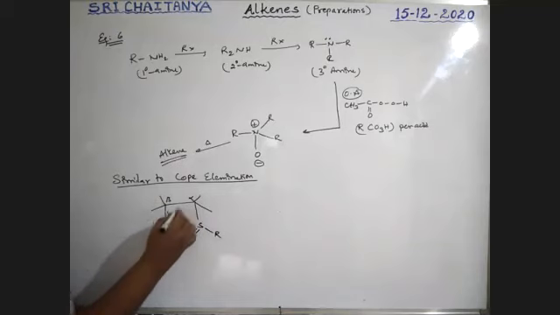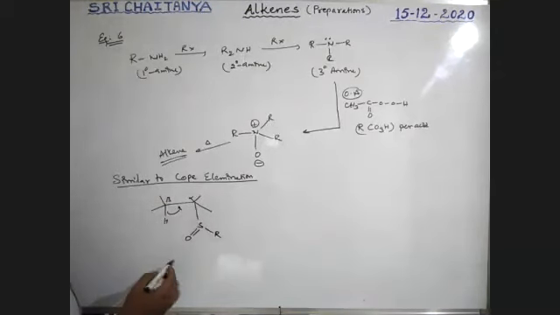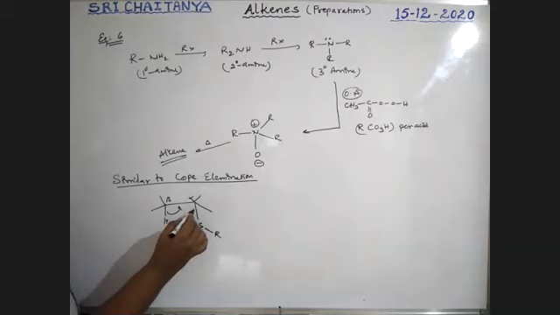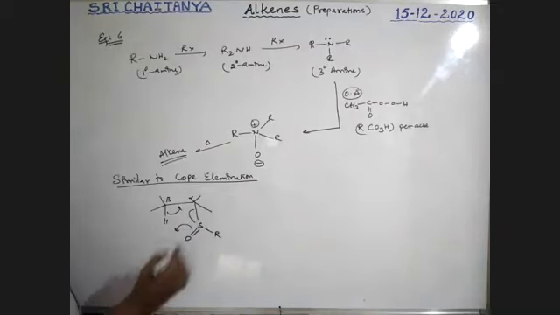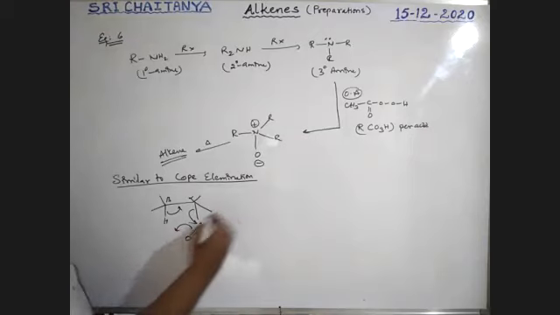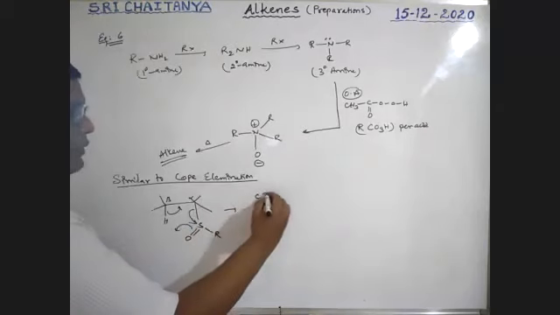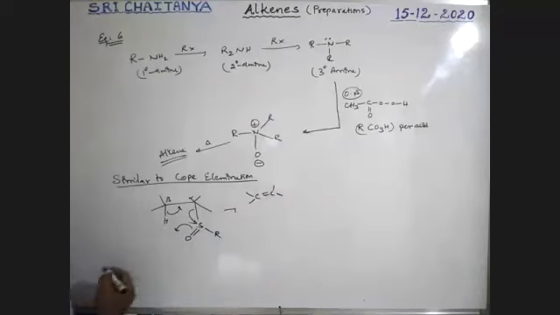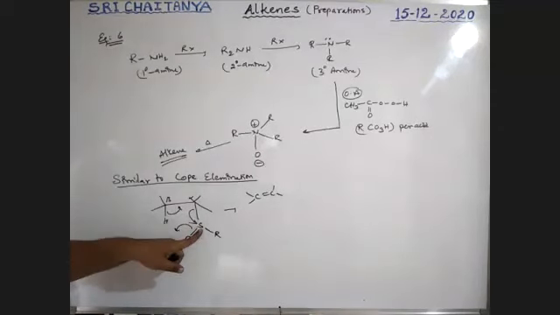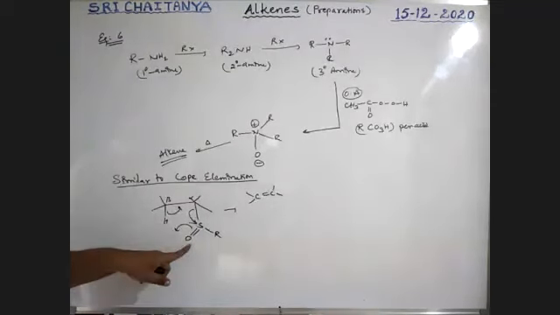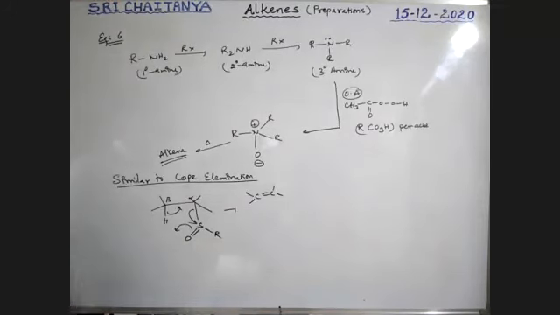Hydrogen from the beta position is removed, boys. It is possible. That gives C double bond C as the answer. So just similar to Cope elimination. In the previous case it is nitrogen, here it is sulfur. This is also similar to Cope elimination.